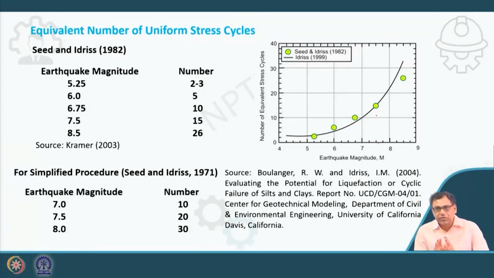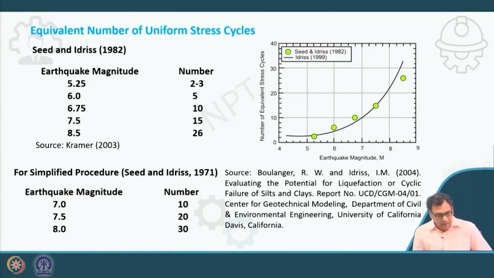So now we know that these are the revised tables, where for 7.5 it is 15 cycles. But if I use the simplified procedure proposed in 1971 by Seed and Idris, and use their chart, then I have to consider the number of equivalent cycles for 7.5 as 20.